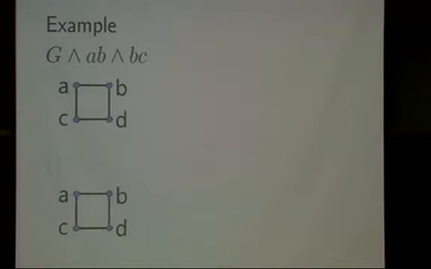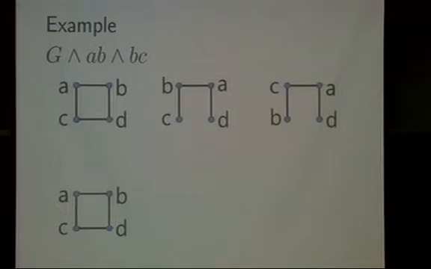You have a graph G, and you pivot the edges AB and BC consecutively. If you pivot AB, then the edge CD disappears, and you swap B and A, and pivot the edge BC, then only swap C and B. But this is actually the same as G pivot AC.